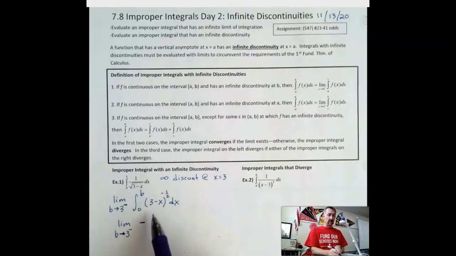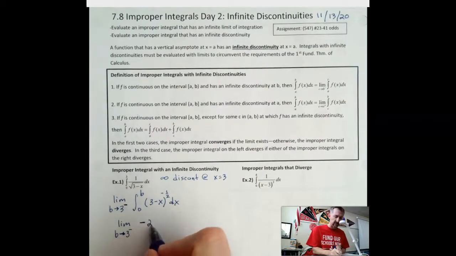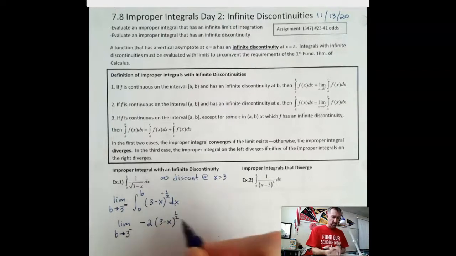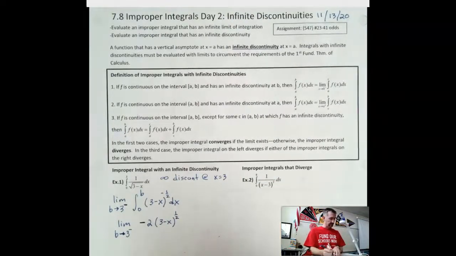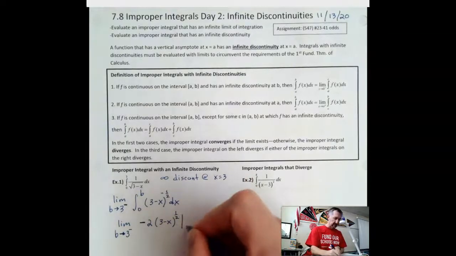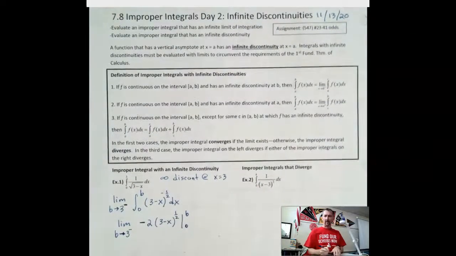And then add 1 to the exponent, so that'd be positive 1/2, divide by the new exponent, so dividing by 1/2 is like multiplying by 2, so we would get that, and this is going to be 3 minus x to the 1/2, or the square root of that whole thing. And then that's going to be from 0 to b.